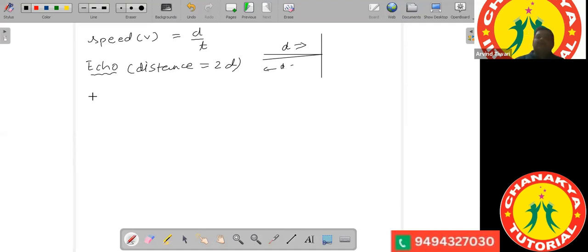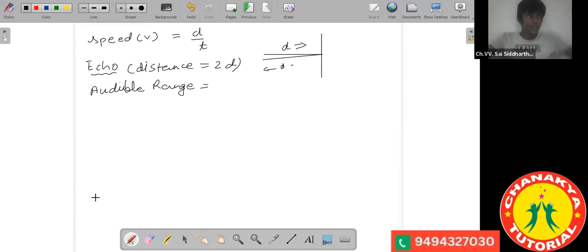Okay. Now the audible range of frequency that we have. So Siddharth, what is the audible range of frequency? Sir, 20 hertz to 20,000 hertz.